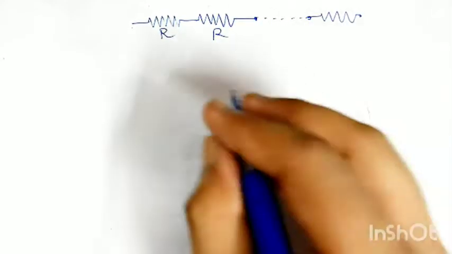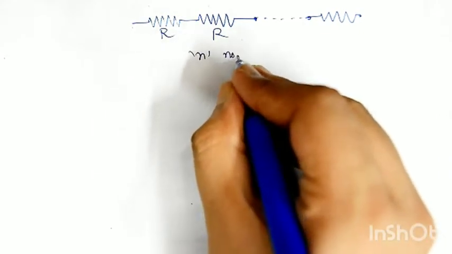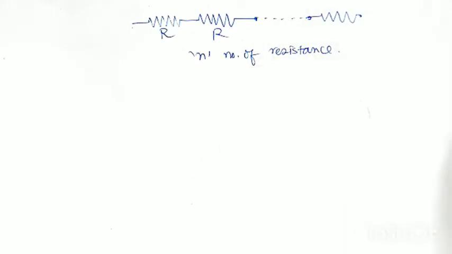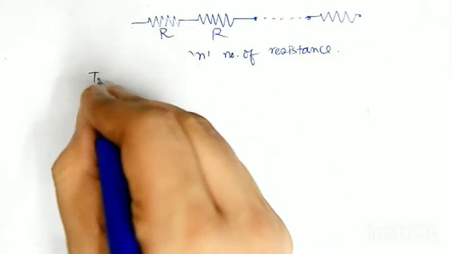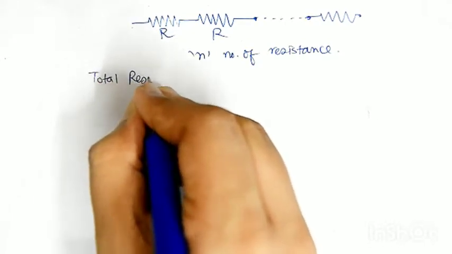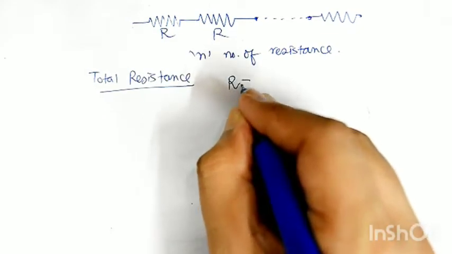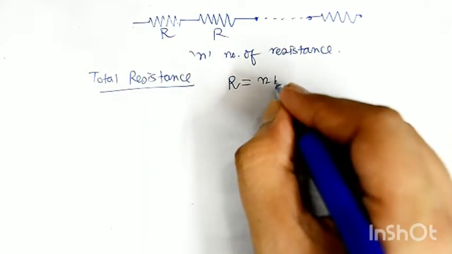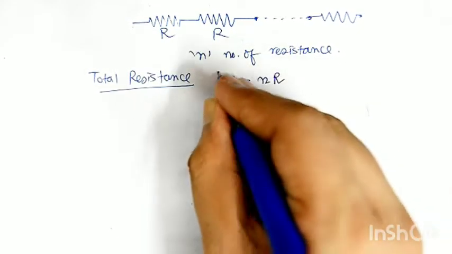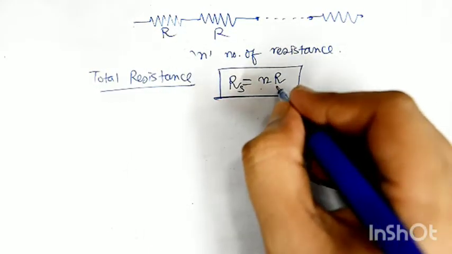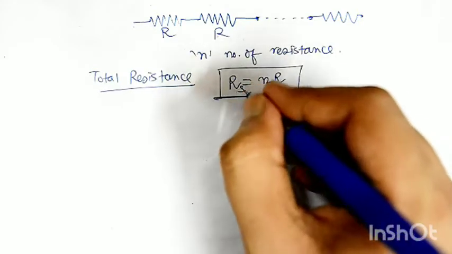If I have joined n number of resistances, then what should be my total resistance in series? The total resistance in series, R, will be n into R. That means the number of resistances into the value of each resistance, that is R, will give you the total resistance.